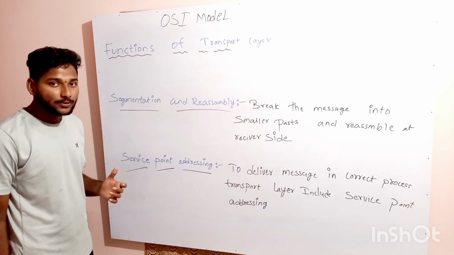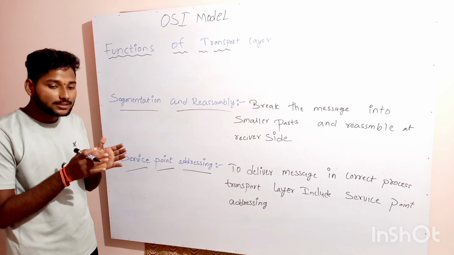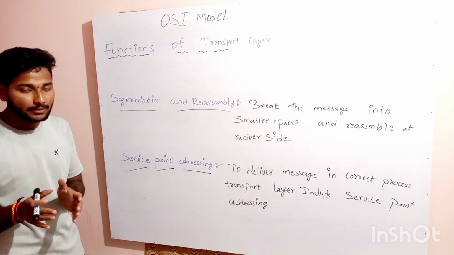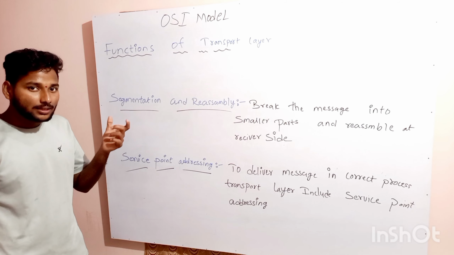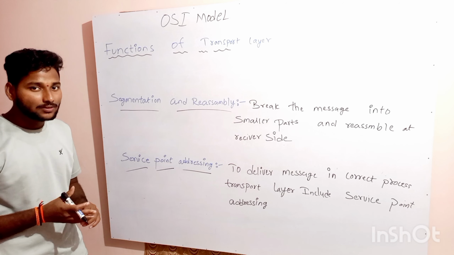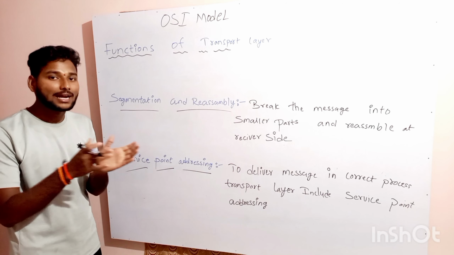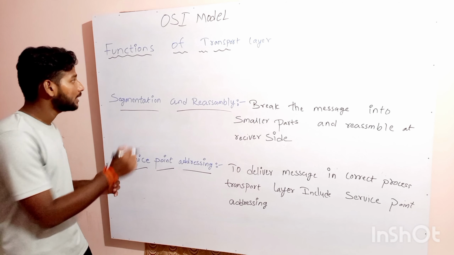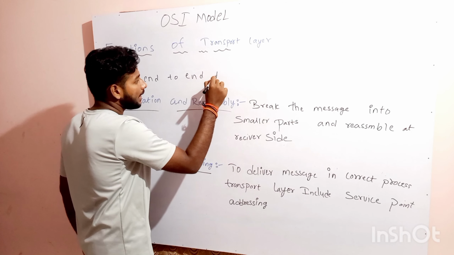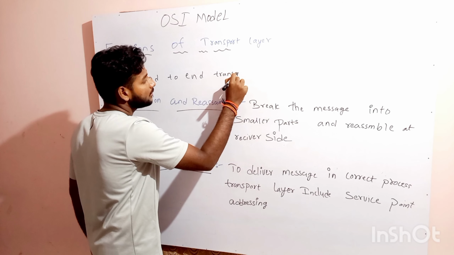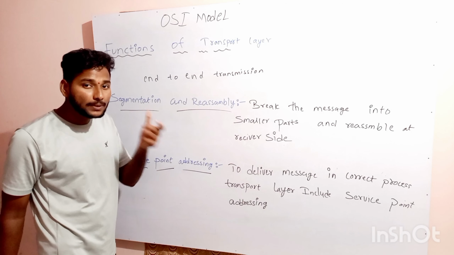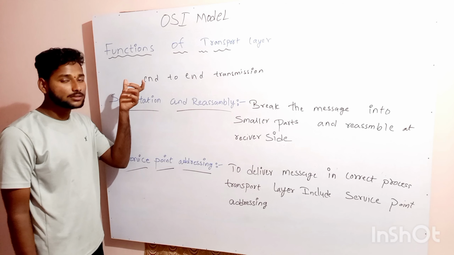In the transport layer, the data is divided into small parts known as segments. These segments are transferred to the receiver, collected at the receiver side and cross-checked. This is end-to-end transmission, which means it is checked whether the data from the sender to the receiver is completely transferred or not.